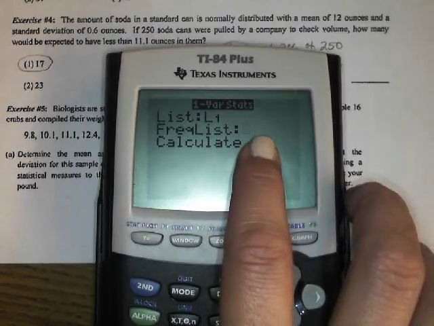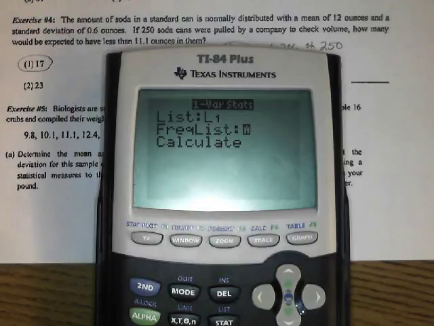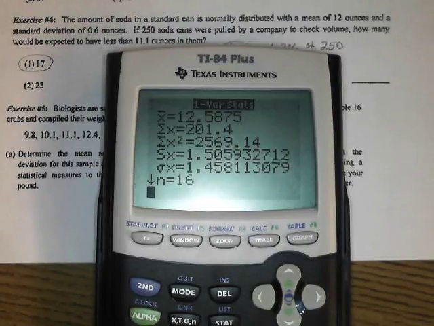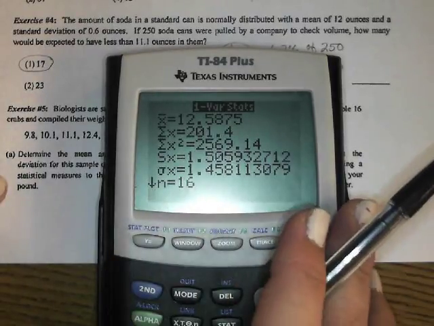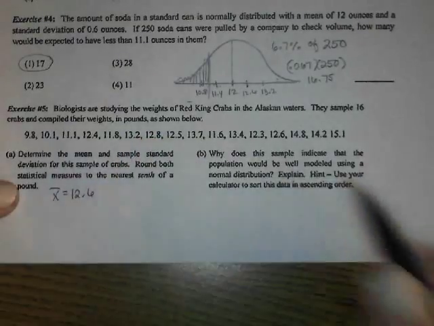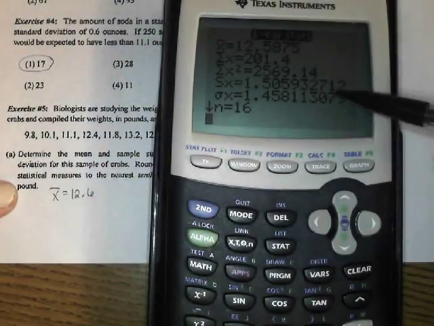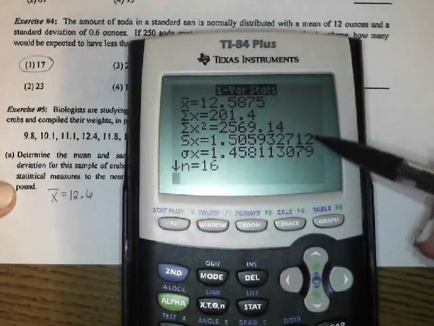Each of those crabs only got counted once, and then calculate. So my average is 12.6. The sample standard deviation, which one do I use? The S. SX is 1.5.